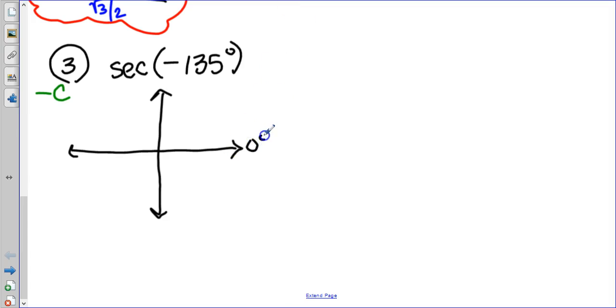Which means this is 0 degrees. If I'm moving clockwise, here's negative 90. Here's negative 180. So I know for sure I'm going to be in quadrant 3. I start traveling. Here's 90. 135 is halfway. A kind of a giveaway is that 135 is pretty close to 140, so halfway.